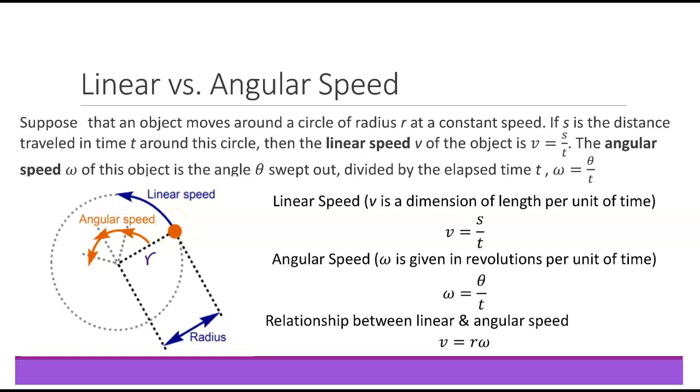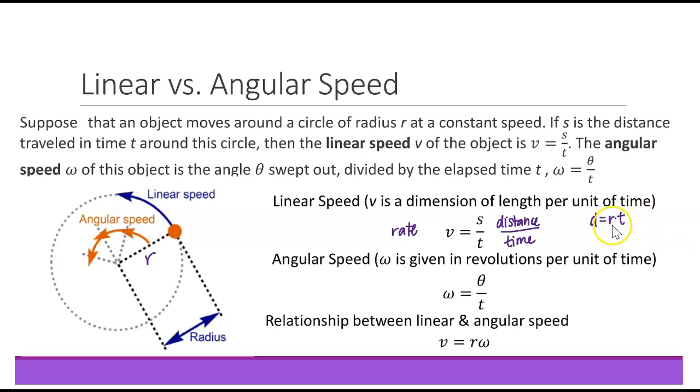So the linear speed is the arc length over time. So linear speed, v, is a dimension of length per unit of time. So this is like a distance over a time. And this should sound a little bit familiar because v is a speed, so it's a rate. We're maybe used to this in a slightly different way, like distance equals rate times time.